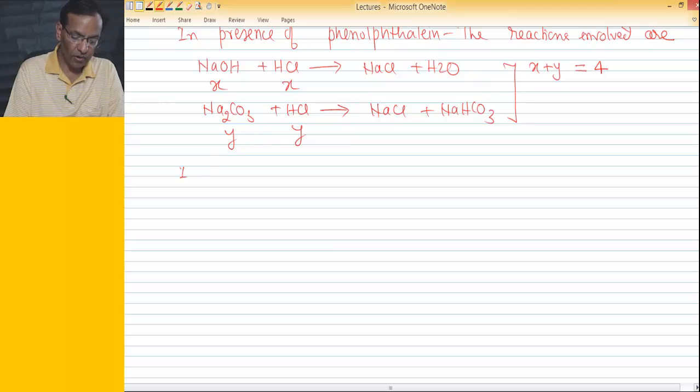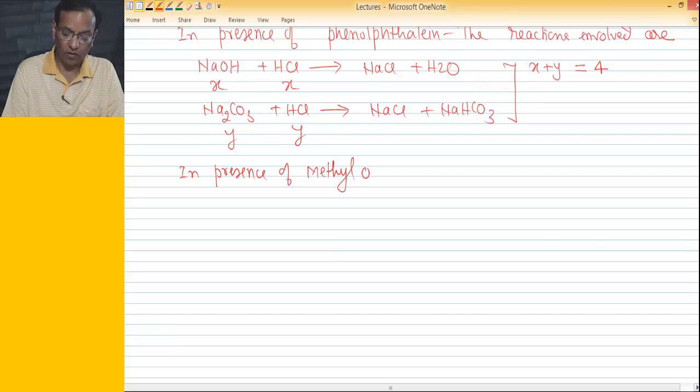In presence of methyl orange, what would happen?